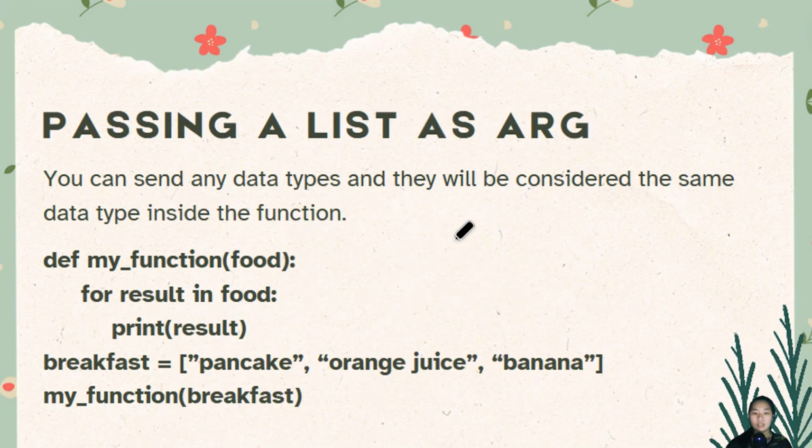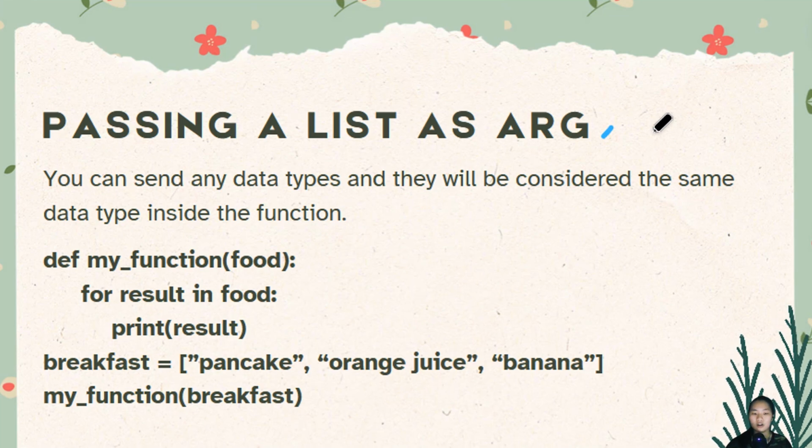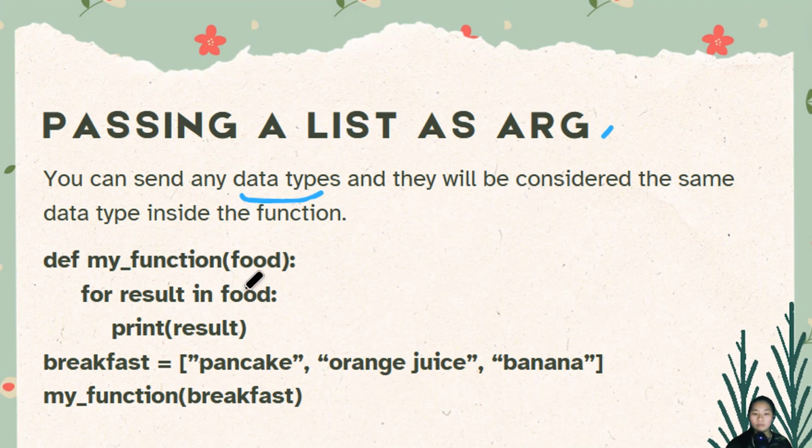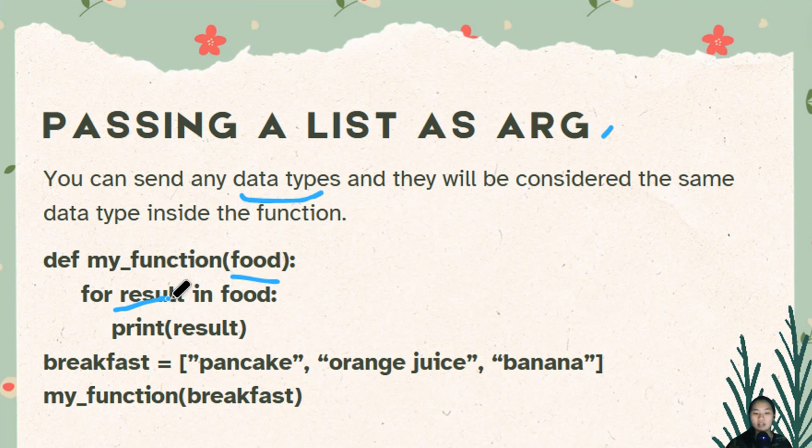As simple as that. Passing a list as an argument. You can send any data types and they will be considered the same thing inside of a function. Example, I have food passed in as the placeholder for an argument. And now I have result. My bad. Result is a placeholder.